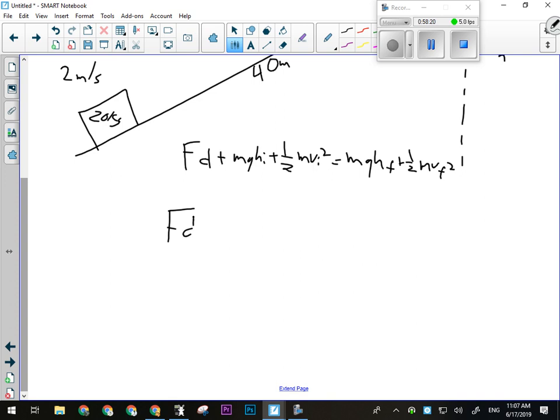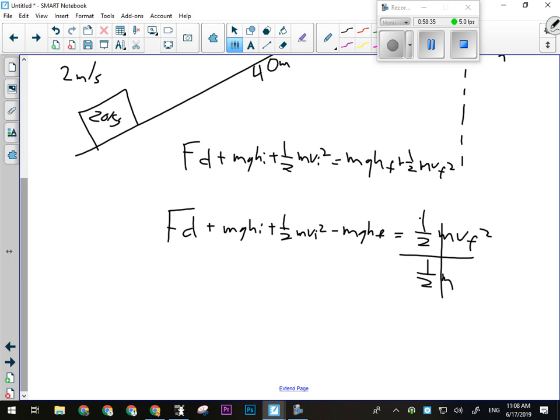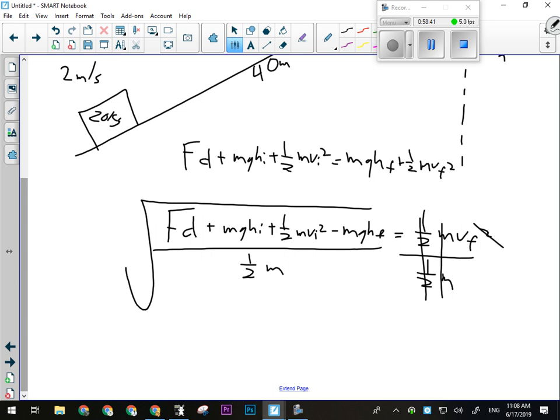Force times distance plus mghi plus 1/2 mvi squared minus mghf equals 1/2 mvf squared. Then I divide both sides by 1/2 of m, and take the square root.